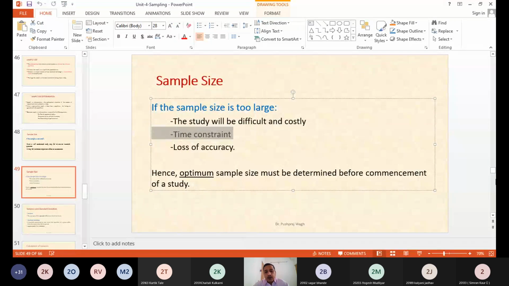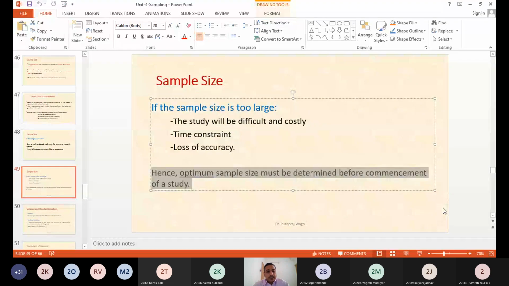And therefore an optimum sample size must be determined before commencement of any study. So before starting any study, an optimum level of sample size needs to be determined. Optimum means the best suitable sample for that particular study needs to be selected. It should not be too large, it should not be too small.